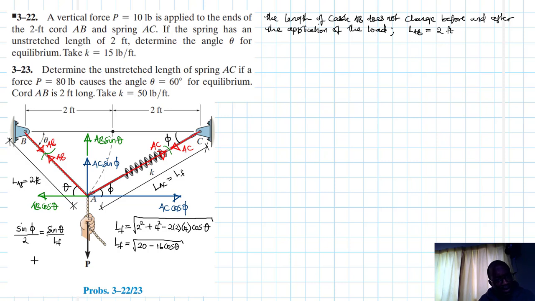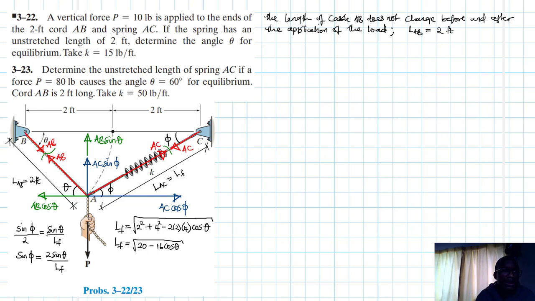So this is another one. We can write it as sine phi, because we need a sine here. You've seen there's a sine phi here. This is equal to 2 sine theta divided by L final.